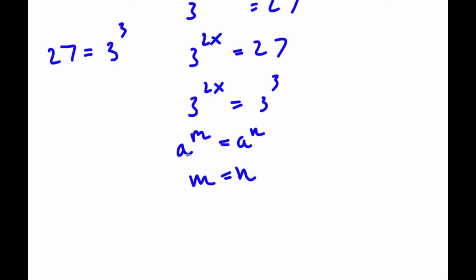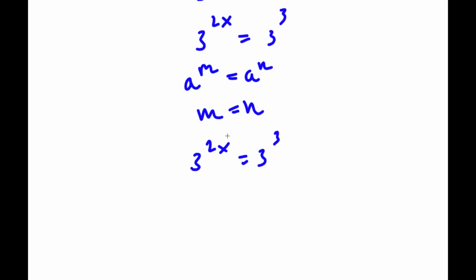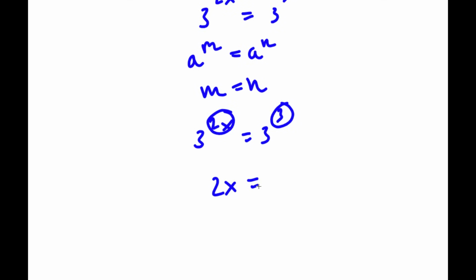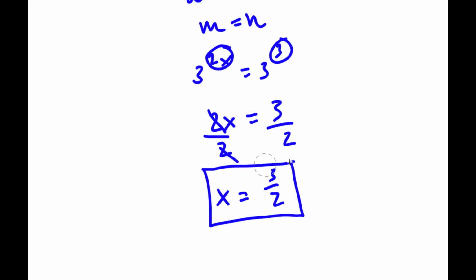Because if both the bases are the same, that means both the exponents are the same as well. So our exponents are 2x and 3, so I'll set them equal to each other. 2x is equal to 3. Now if I divide both sides by 2, these two cancel out, so I get x is equal to 3 over 2. So this is our answer.